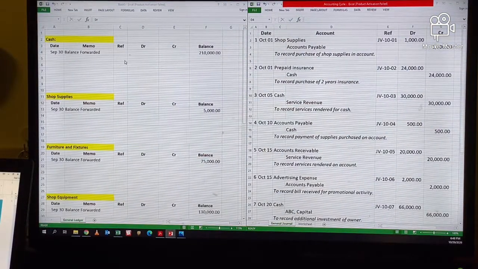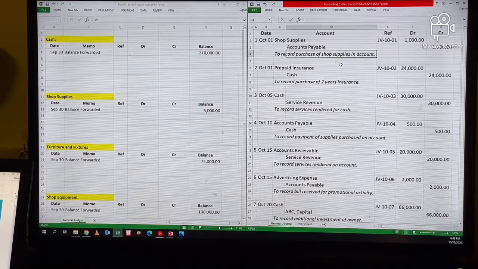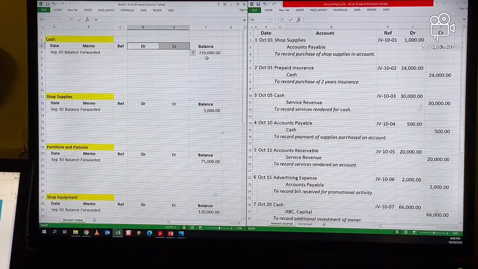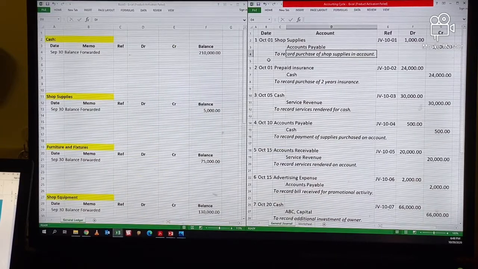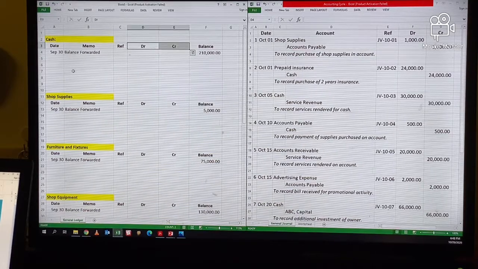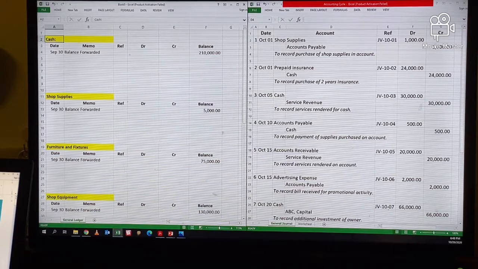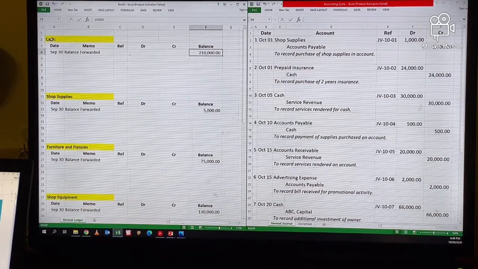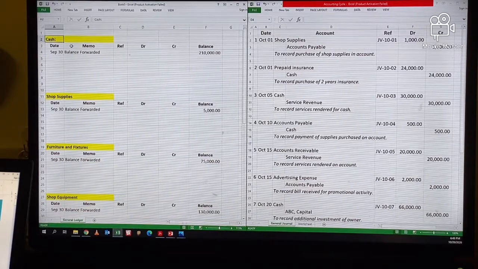Okay, so this is our general journals. I'm showing it to you side by side so you can still see the journals, and this will be our general ledgers. These are the components of the general ledger.